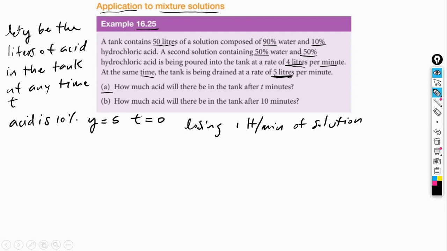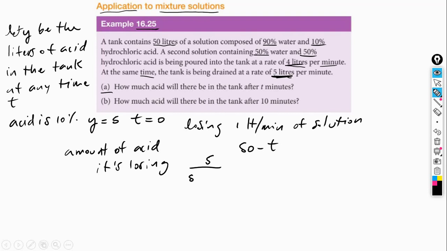That means that it's losing 50 minus t liters of solution per minute. Therefore, the amount of acid it's losing would be given by 5 over 50 minus t times y.